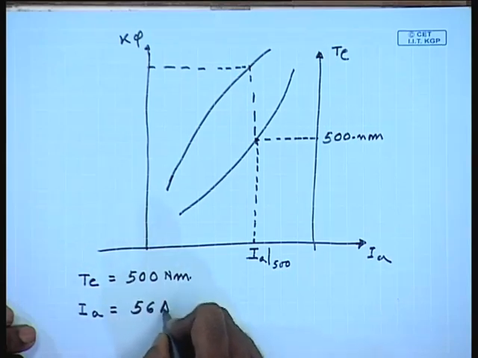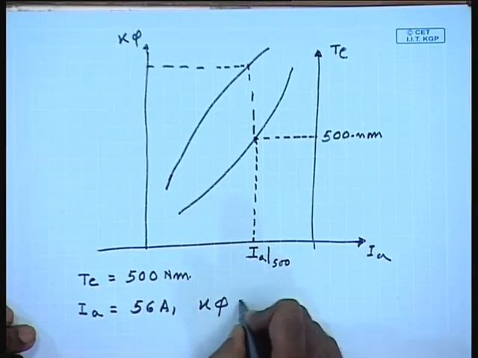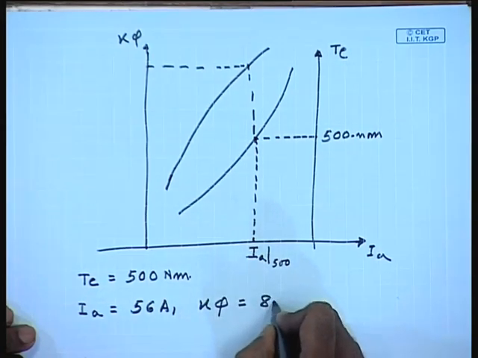I A comes to about .56 amperes and K phi comes to 8.9.